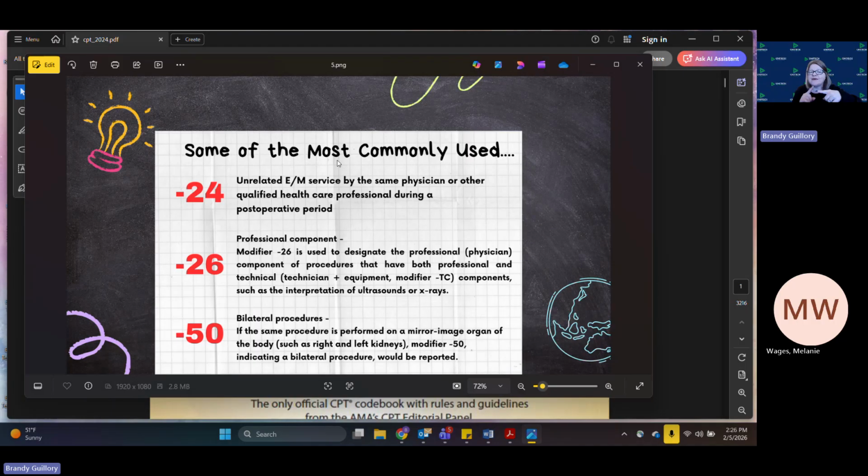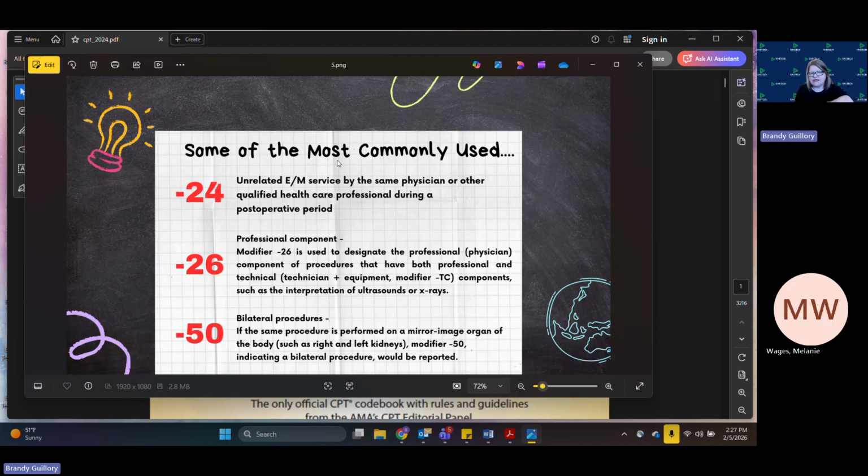All right, so when they talk about same physician or other qualified healthcare professional, what they mean by that is the same doctor that did the original procedure that they're in a post-operative period with, or when they say qualified healthcare professional, they mean doctors that are under the same tax ID or in the same group with that physician.